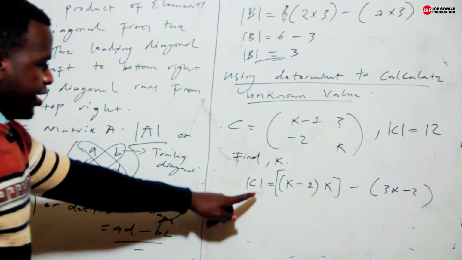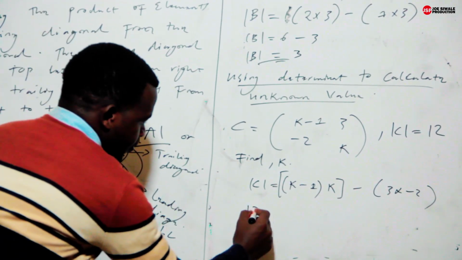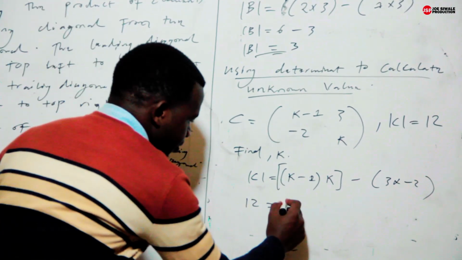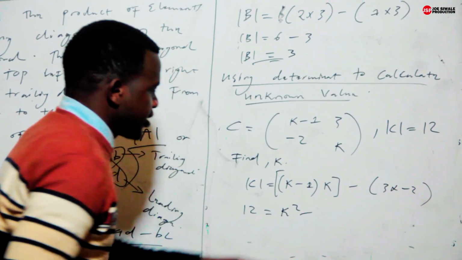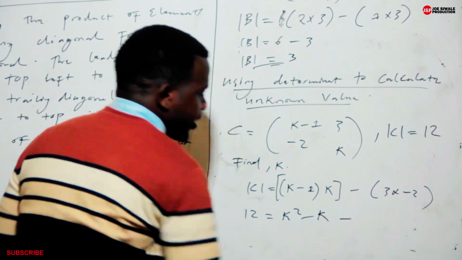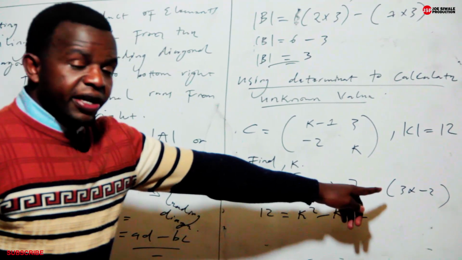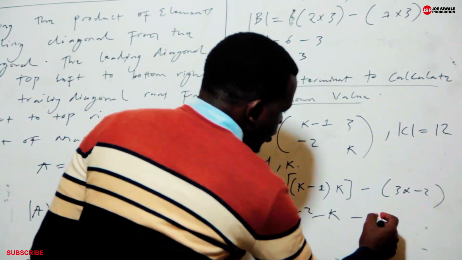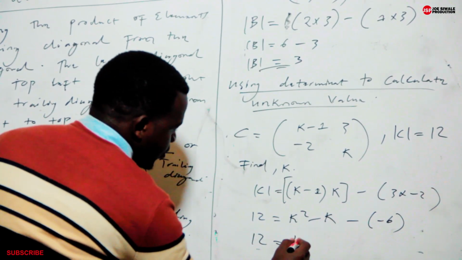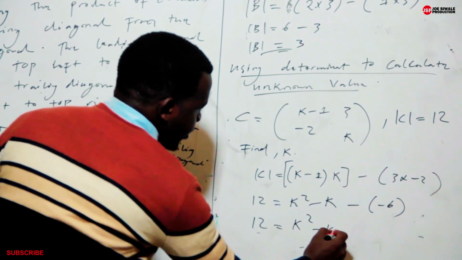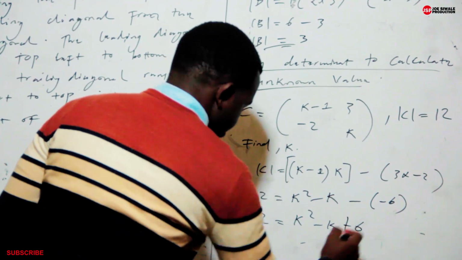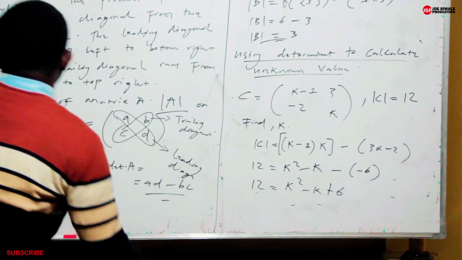So our determinant there of C, we know that's 12, is equal to, so we'll say K multiplied by K, we're going to have K squared minus K multiplied by 1, we're going to have K minus, then we'll say 3 multiplied by negative 2, we're going to have negative 6 there. So we're going to have 12 is equal to K squared minus K, then negative multiplied by negative, we're going to have plus 6.